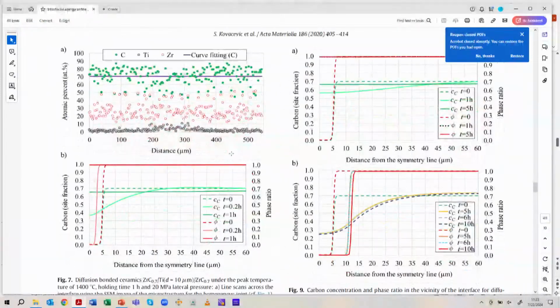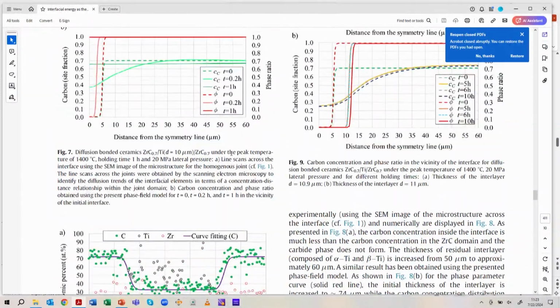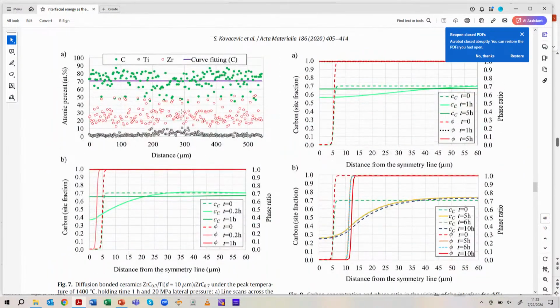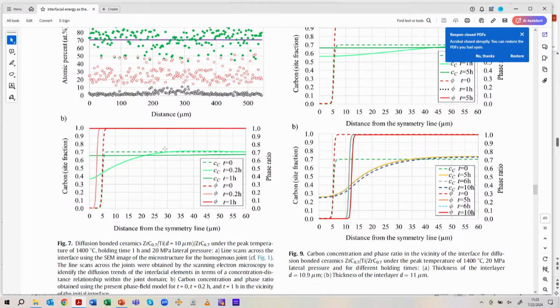Okay, so these are, well, experimental results, line scans using SEM image, and these are compositions.